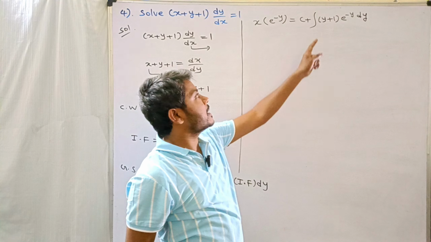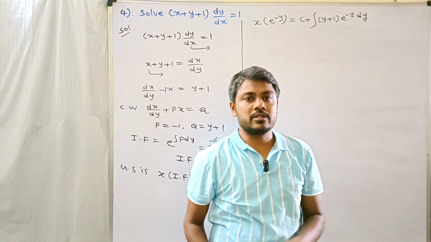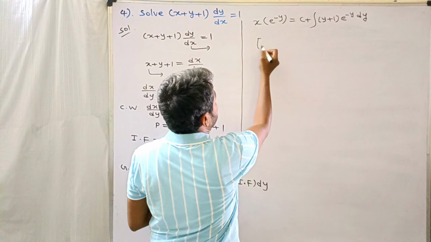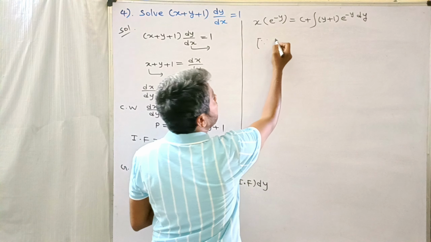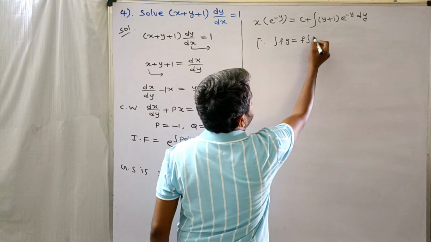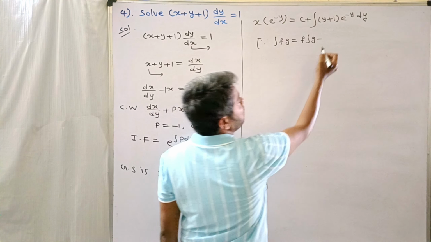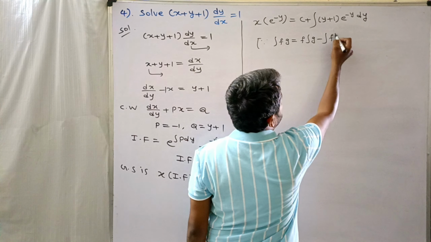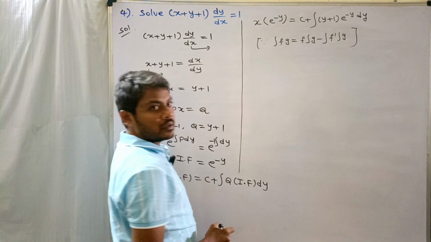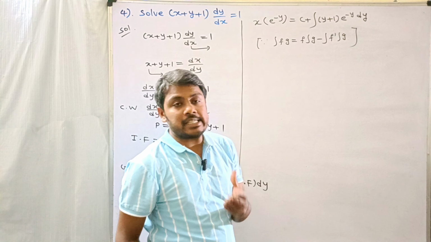Clearly this is the product of two functions, so we can apply the by parts formula. Here the by parts formula is integral f g equals f integral g minus integral f dash integral g. But here what is the first function?